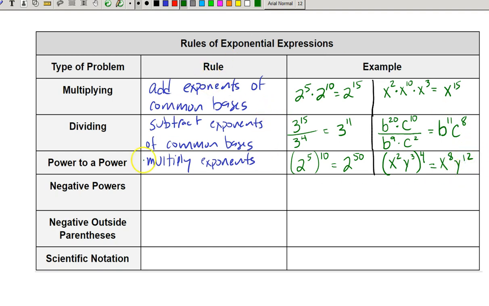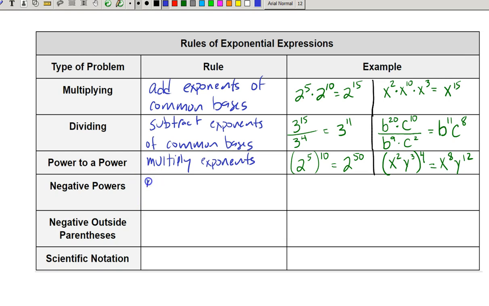The next one that we're going to look at is negative powers. What we're going to say here is if we have a power that has a negative exponent and we take that power and we move it to the denominator, or vice versa, whichever way we move it, we can make that exponent positive.